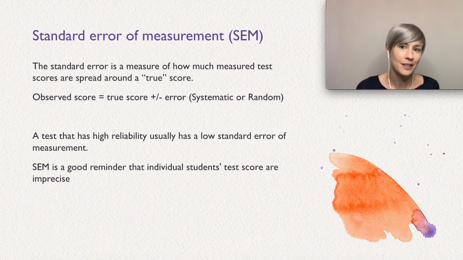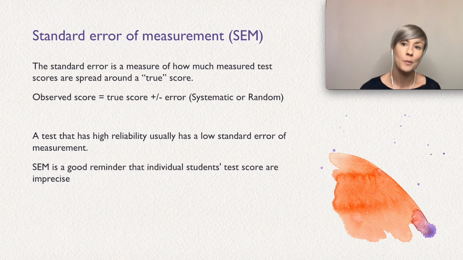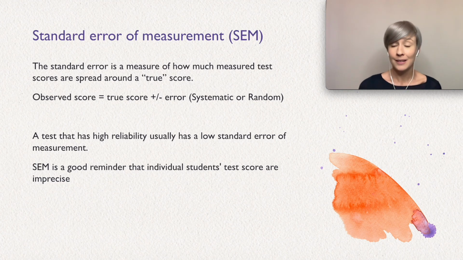So the standard error of measurement is how much measured test scores are spread around a true score. So how many points over or under a student would get of their true score. Many standardized tests have a calculated standard error of measurement that shows how large a part of the student's results is likely to vary if the test was done many times.